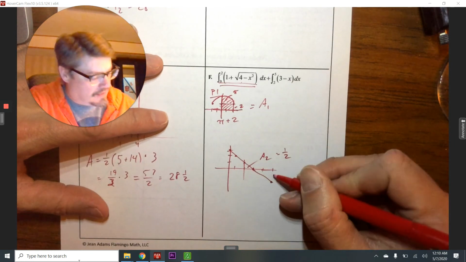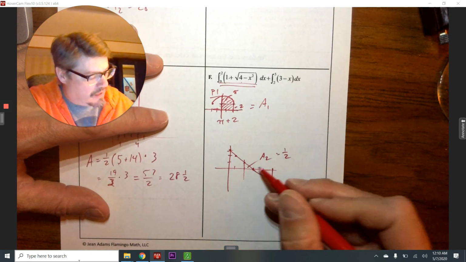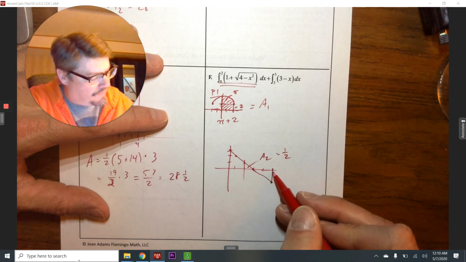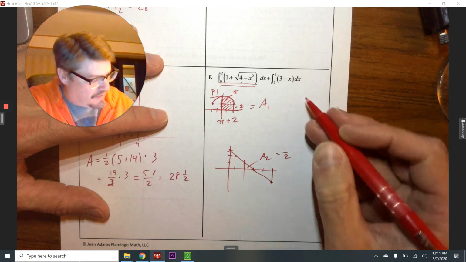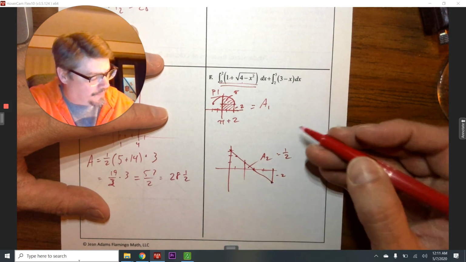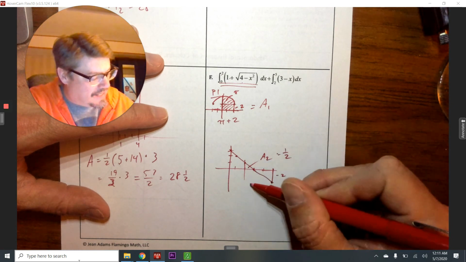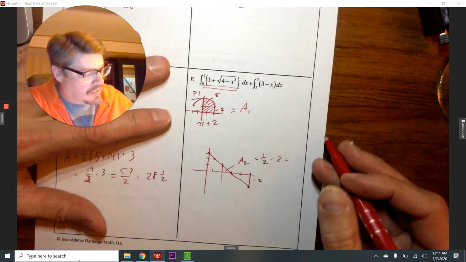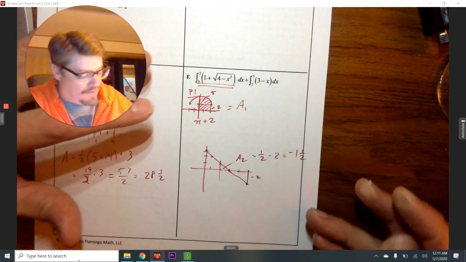Now this piece here is, when we plug in 5, 5 minus 2 times 2 is -4, cut in half. It's -2. So this means I've got -1/2.